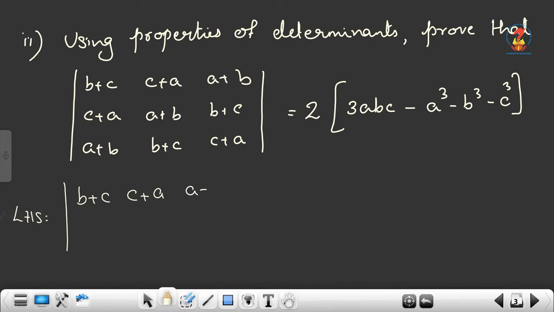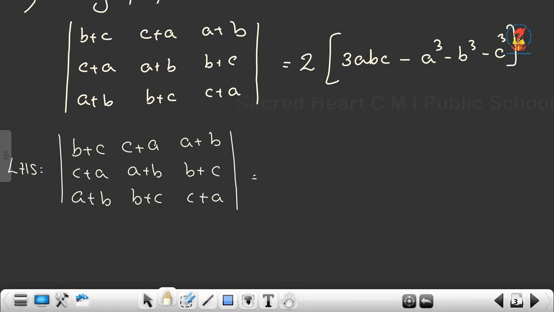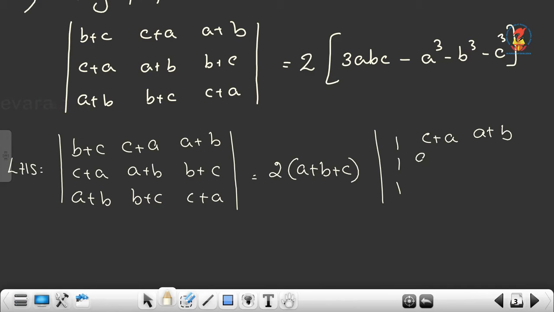LHS: a plus b, c plus a plus b, b plus c, then a plus b, b plus c, c plus a. Then the first step is c1 plus c2 plus c3. So we get 2a, 2b, 2c, that we take outside. So 2 into a plus b plus c. Then we get 1 1 1.